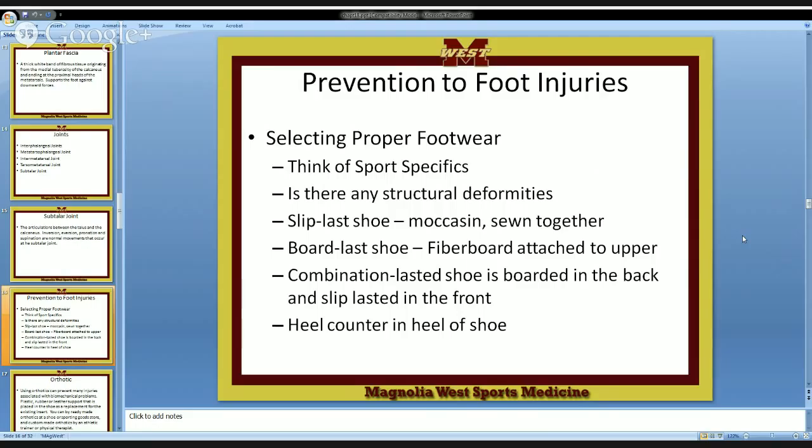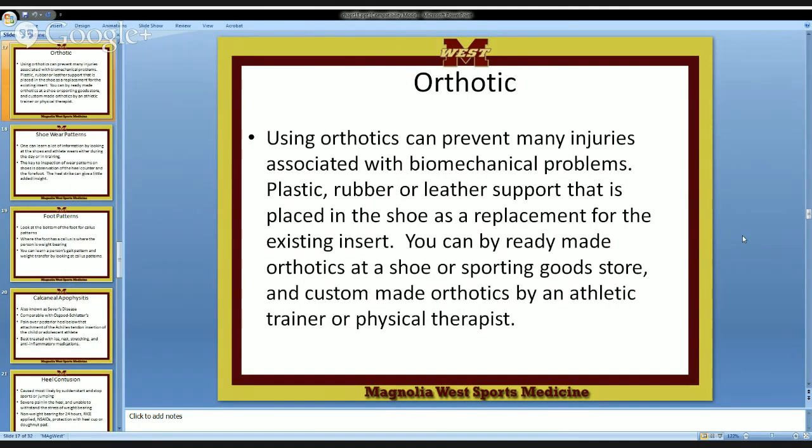And make sure the heel counter has plenty of structure in it. An orthotic. What's an orthotic?